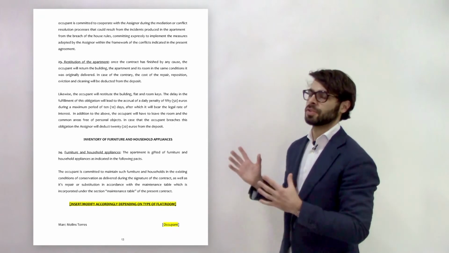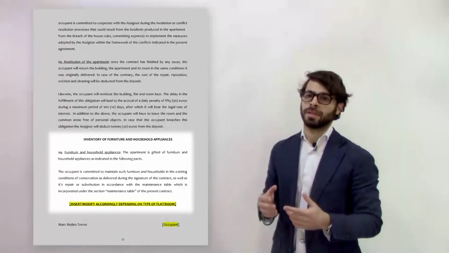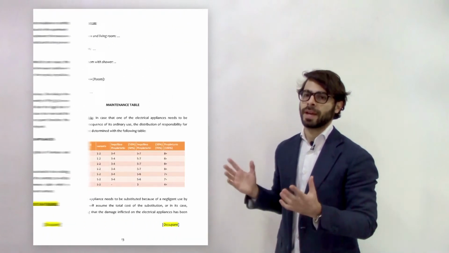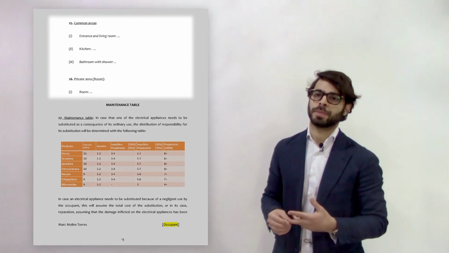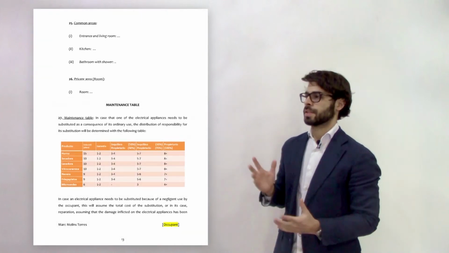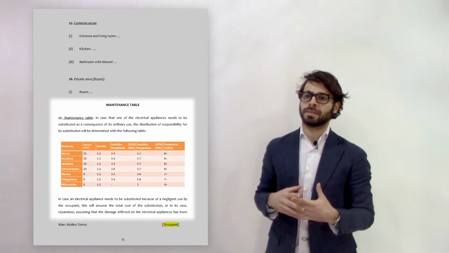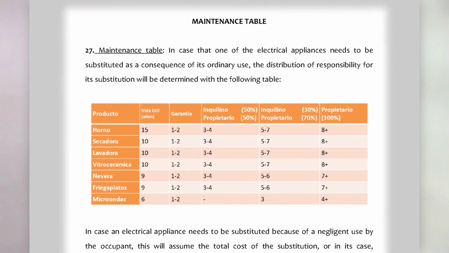So now, the next clauses regulate what you get with the flat in terms of furnishing. The flat and your room is furnished with certain items which are listed here, such as pans and different objects which you may use, and they are all listed here. So now this next clause regulates what happens if something in the flat doesn't work, such as the washing machine or any other item.